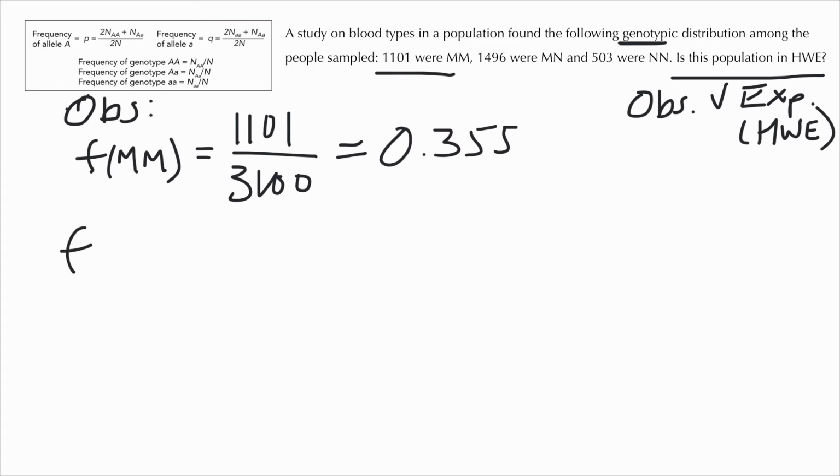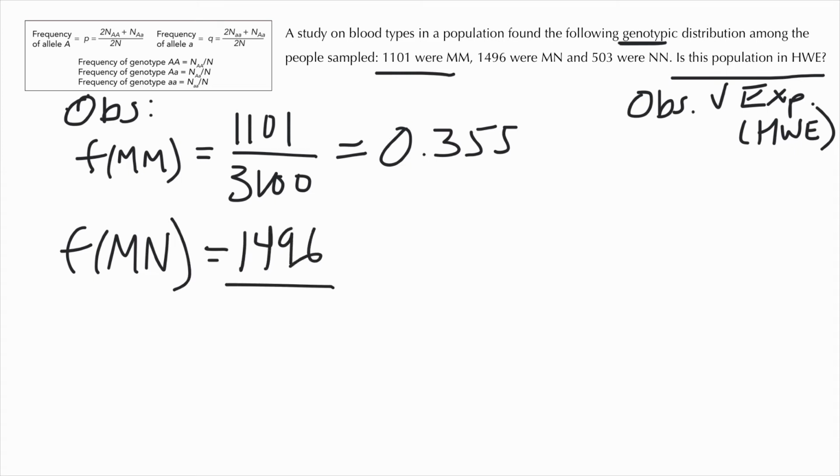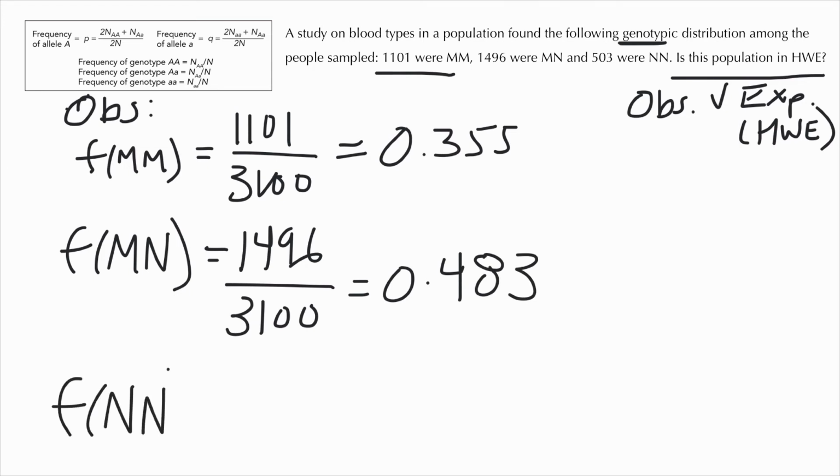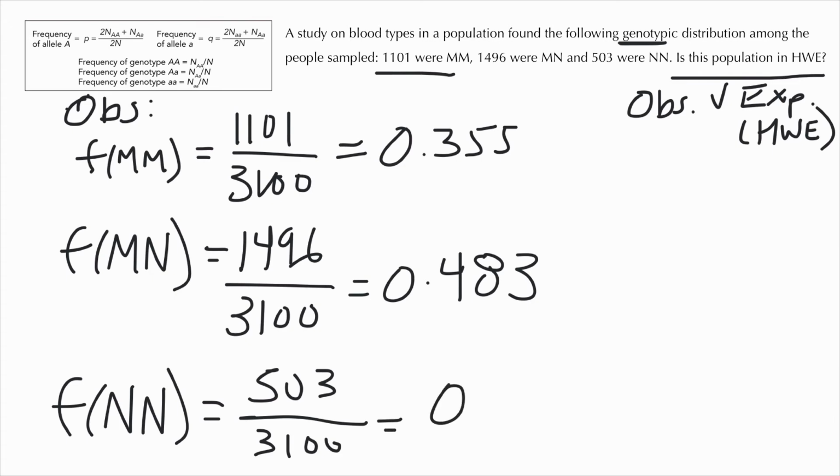The frequency of the heterozygote, the MN genotype, is 1,496 out of 3,100. That's going to equal 0.483. And the frequency of the NN genotype, that's 503 out of 3,100, and that equals 0.162.